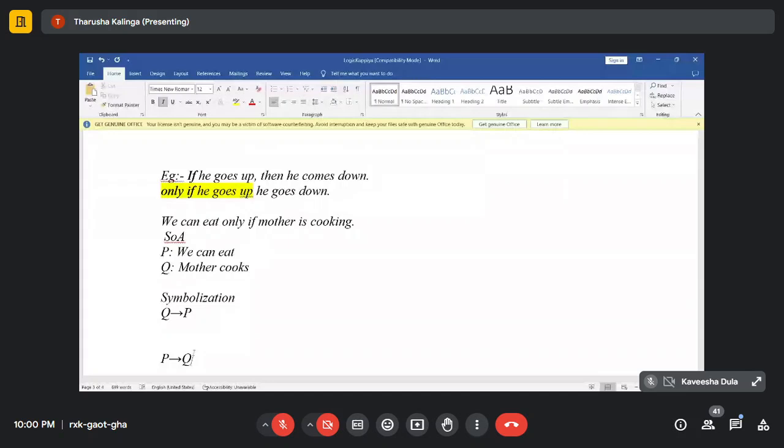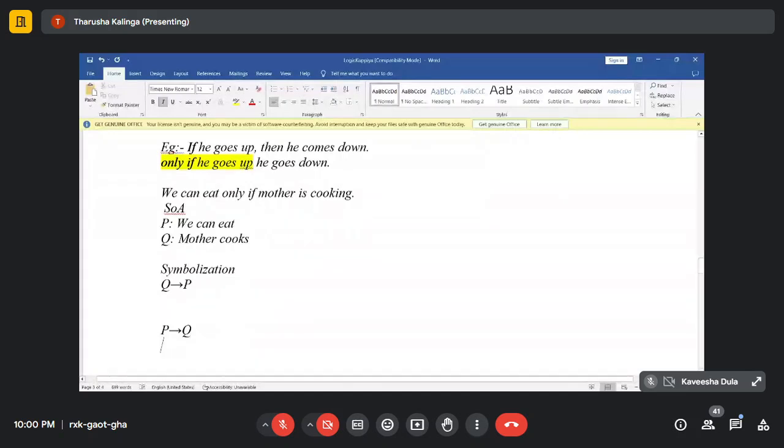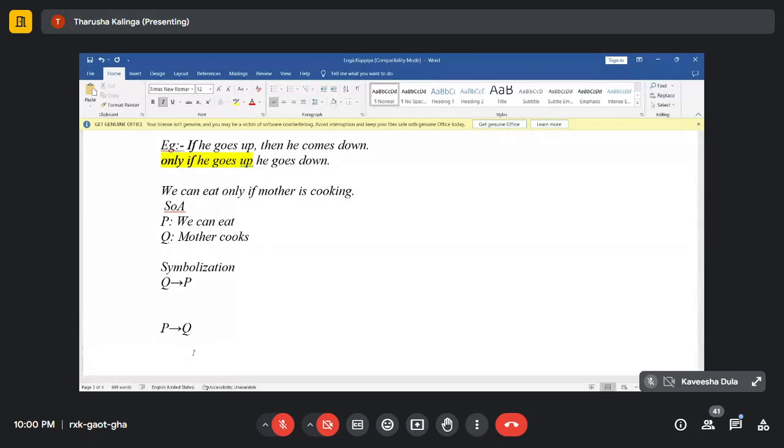This is P implies Q. We take this statement and we take the converse of it. What is the converse? Q implies P. So P implies Q, and the converse of that particular statement is this.